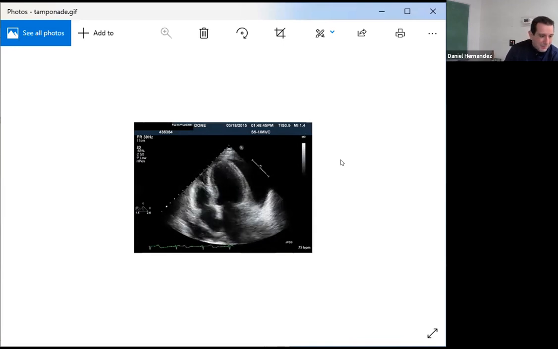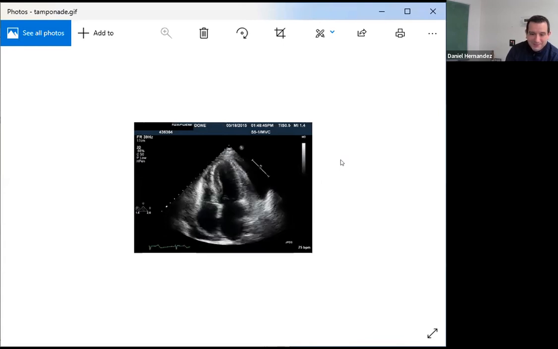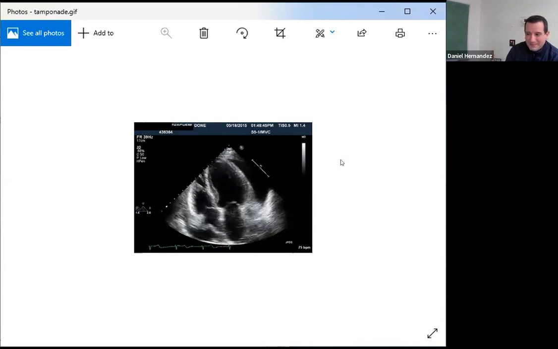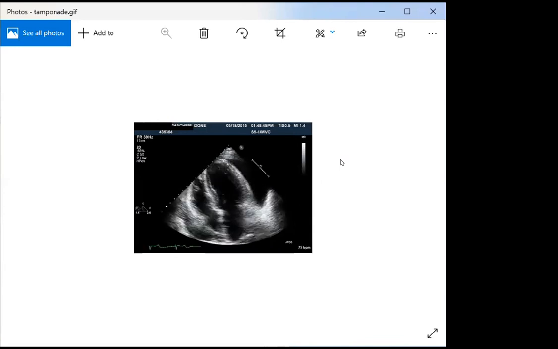Rachel, if I'm Dopplering this patient's tricuspid valve during inspiration, will the waveform be larger or smaller on this patient's tricuspid valve?